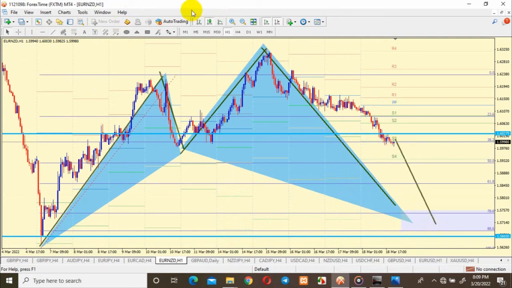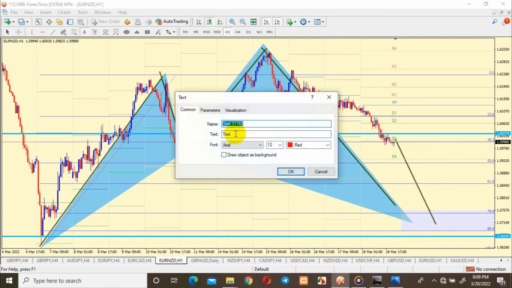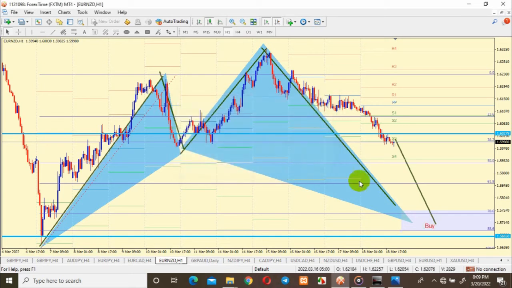When price drops here, then you can now go for a buy. So expect a buy at this zone. But remember this delay. So we're expecting price to trade at this point. So probably to do this.